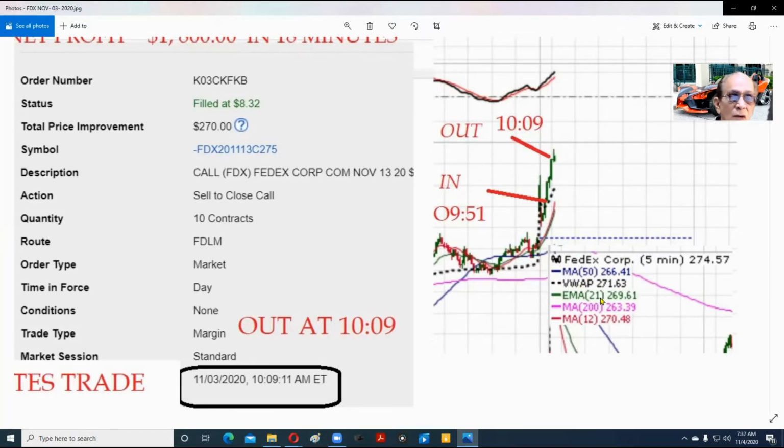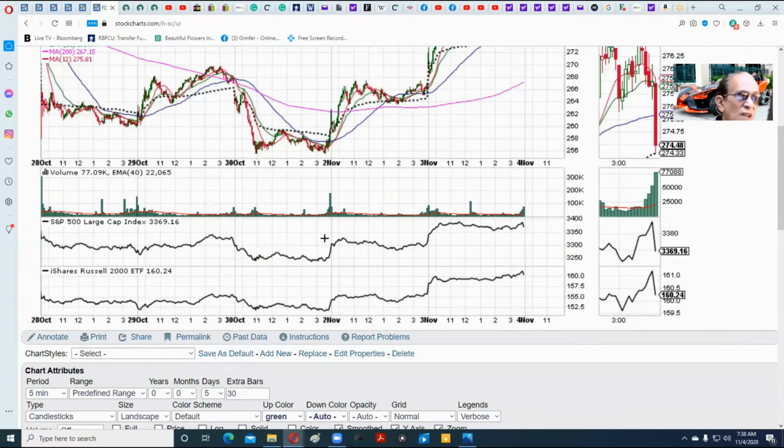We had the 21-day exponential moving average. We had the 200-day moving average and the 12-day. So we only have three averages, and we try to keep it as simple as possible. The chart is set to 5-minute. We also track the S&P 500 and the Russell 2000.